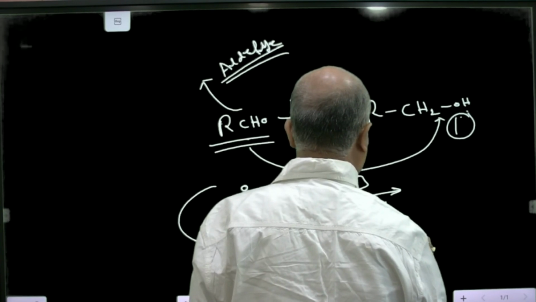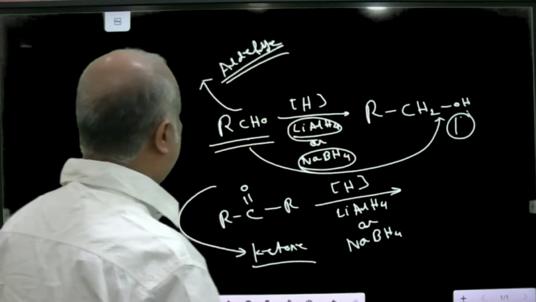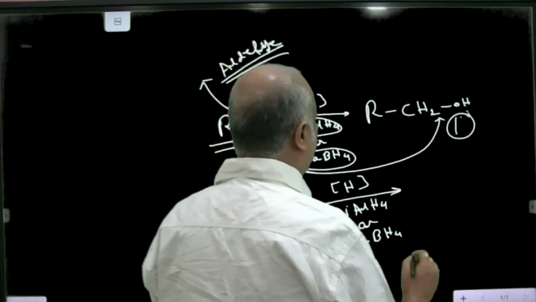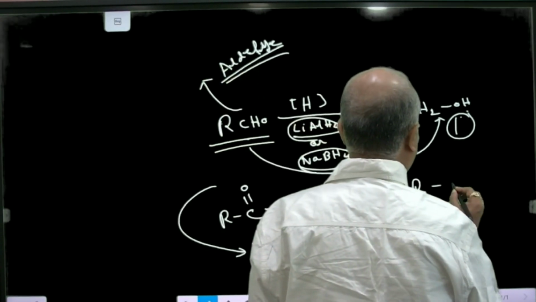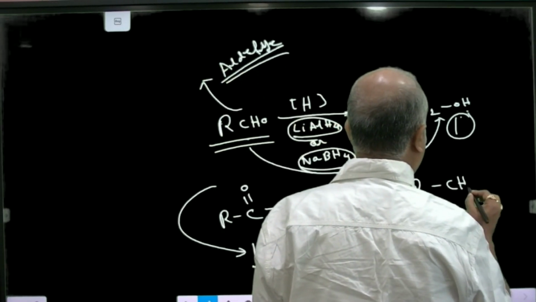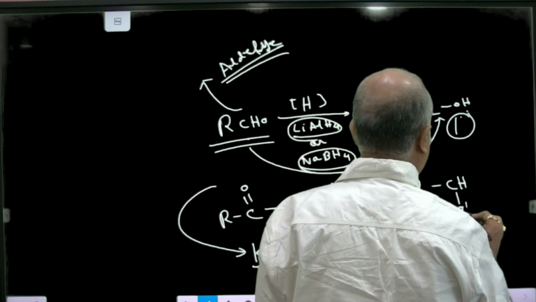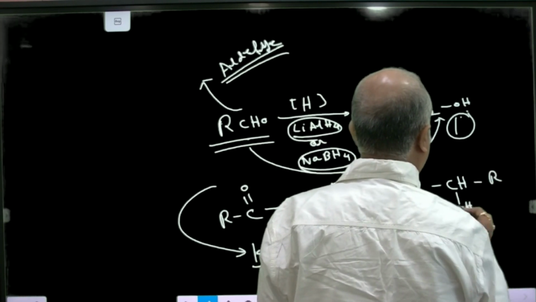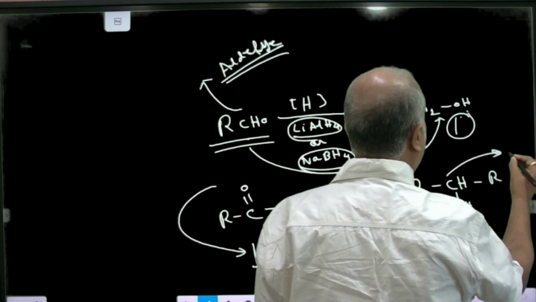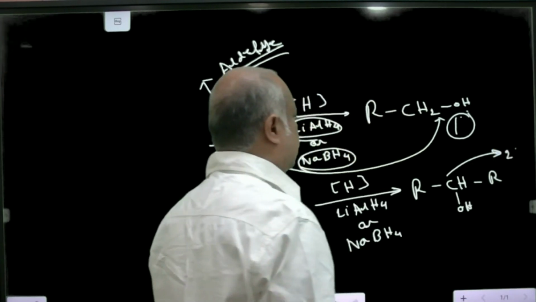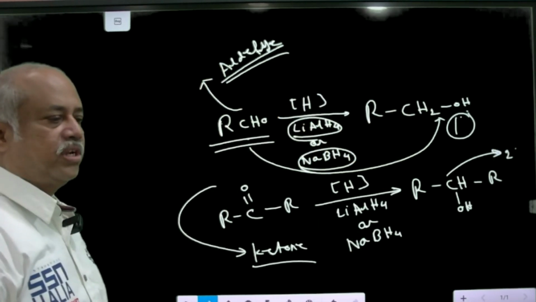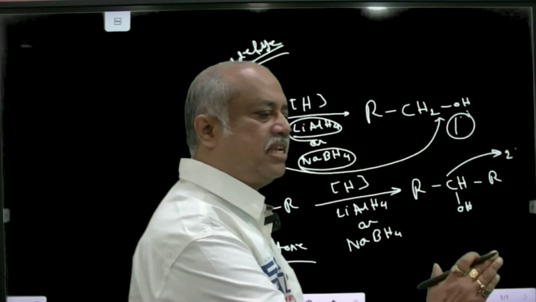Ketone will produce secondary alcohol. This is the main important point of the part, that it will produce secondary alcohol, 2-degree alcohol. That is the reduction of aldehyde and ketone.